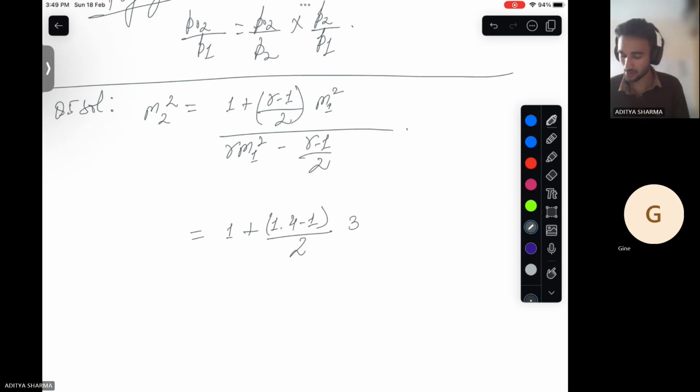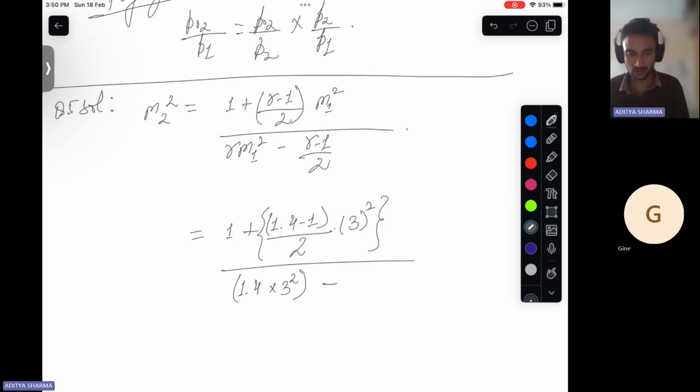M1 is 3, squared. Then divided by 1.4 into 3 squared minus (gamma minus 1) divided by 2. Gamma is 1.4, minus 1.